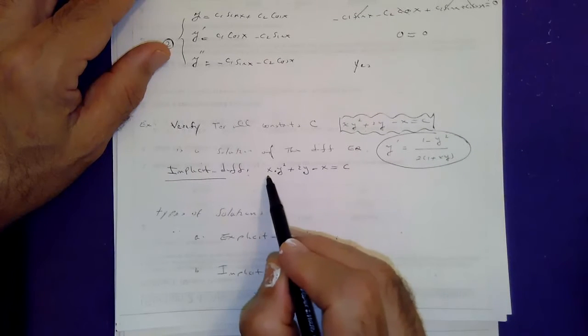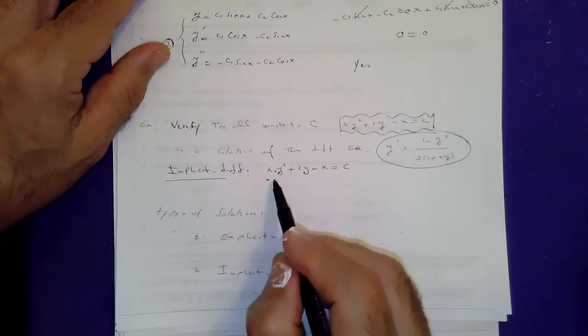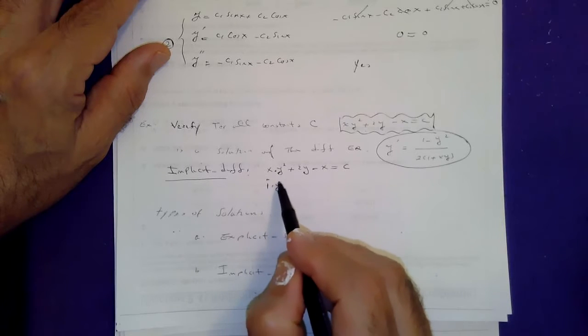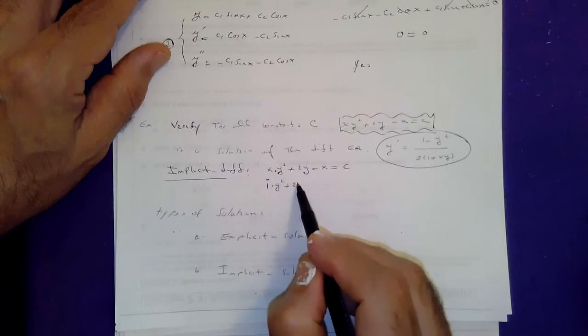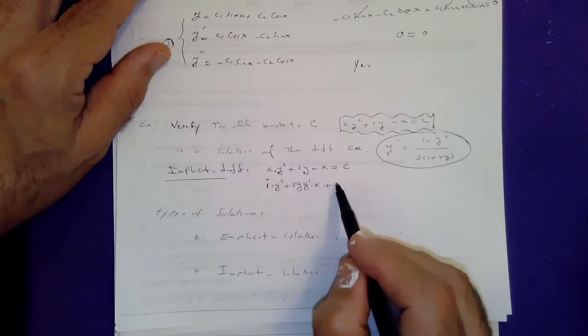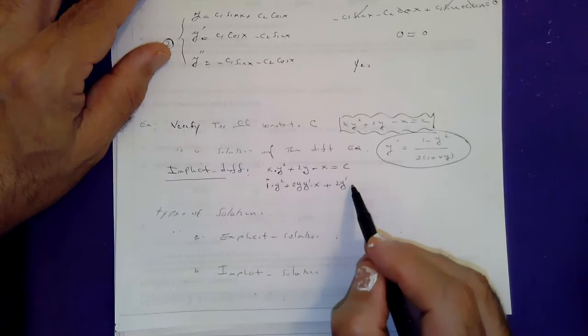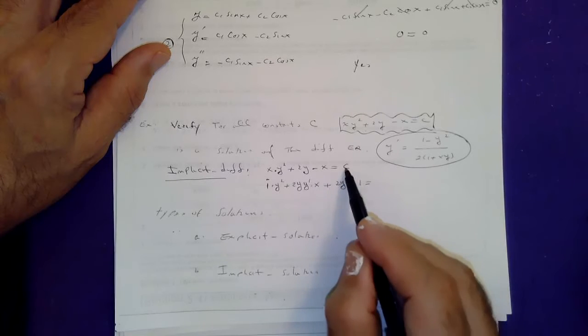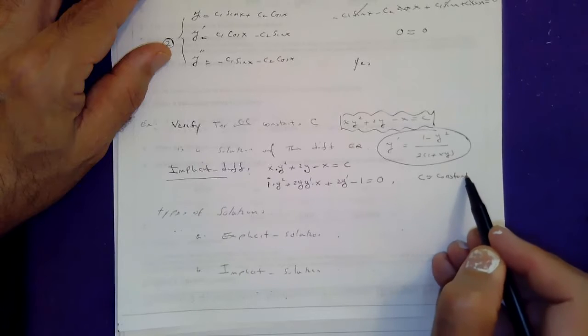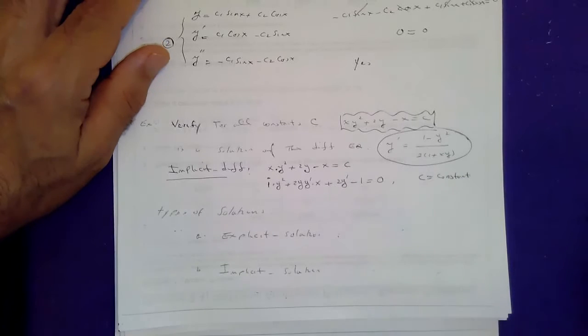Notice this is a product of two functions, so I have to use the product rule. Derivative of the first is 1 times the second. Derivative of the second is 2y prime times x, plus derivative of 2y is 2y prime. Derivative of x is 1, derivative of a constant is 0. Remember, c is a constant, meaning any fixed real number.